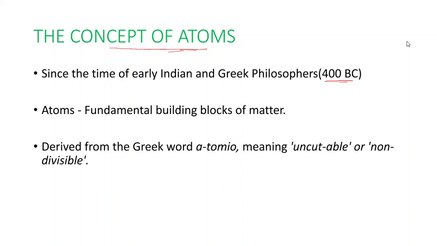It has been in existence since 400 BC, since the time of early Indian and Greek philosophers. And what did they think of these atoms? They thought that atoms are the smallest particles in this universe.